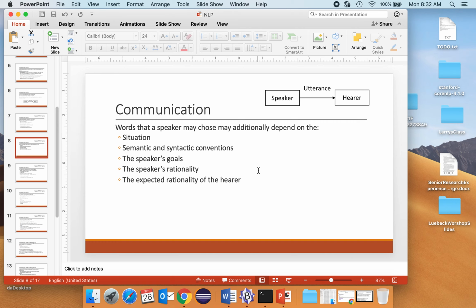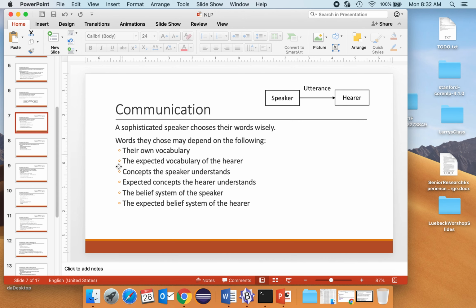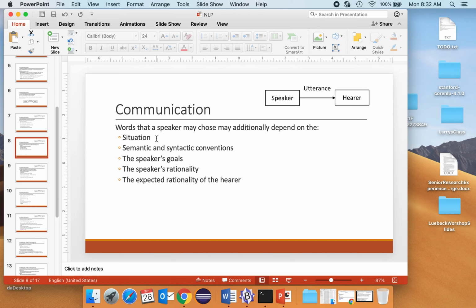There are some other things that influence the words that we use. We're still with the speaker over here. Yes, we have all the stuff that we consider, but what are some other things? It may depend on the situation. If it's an emergent situation, you probably don't mince your words. You don't spend a lot of time on choosing your words. You just blurt out that there is a whatever, to warn the hearer. There are certain semantic and syntactic conventions.